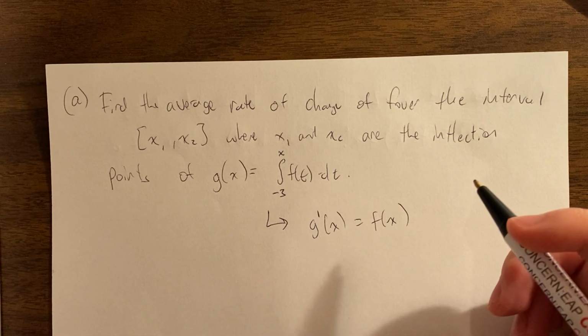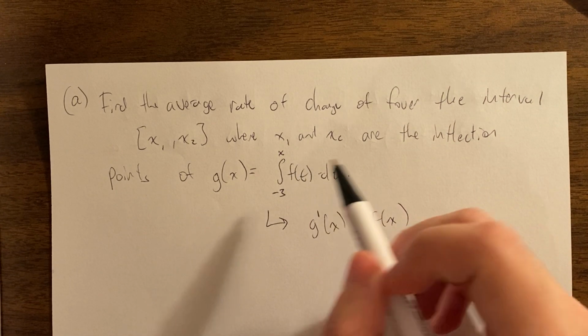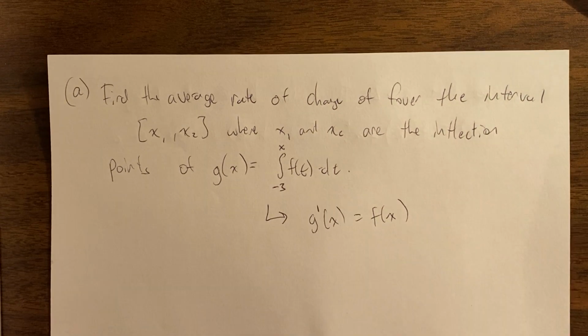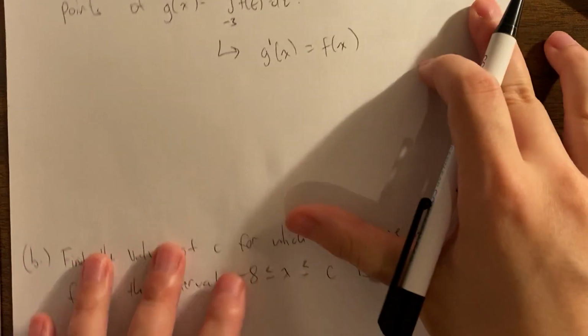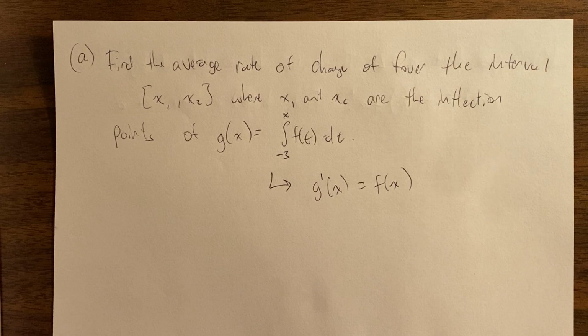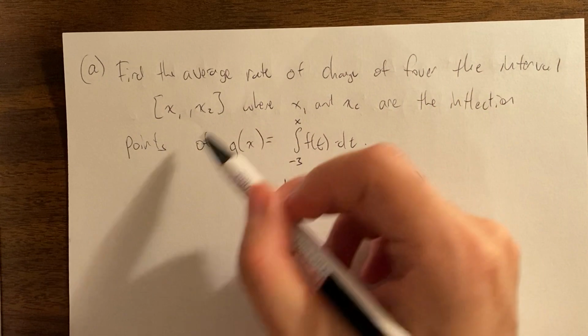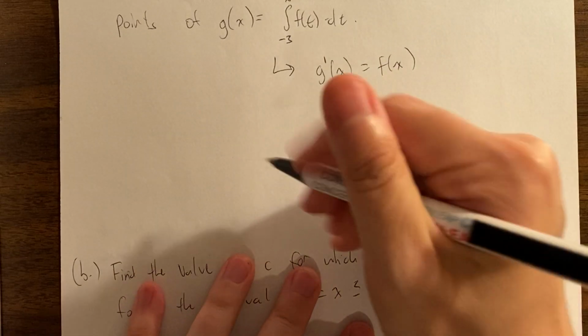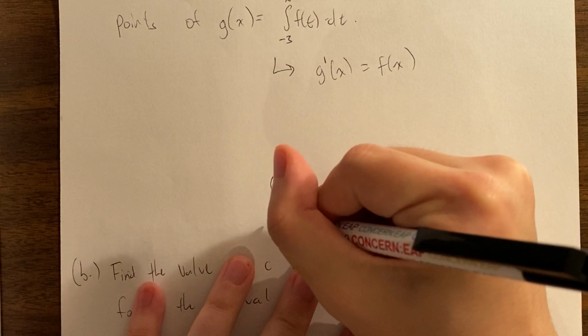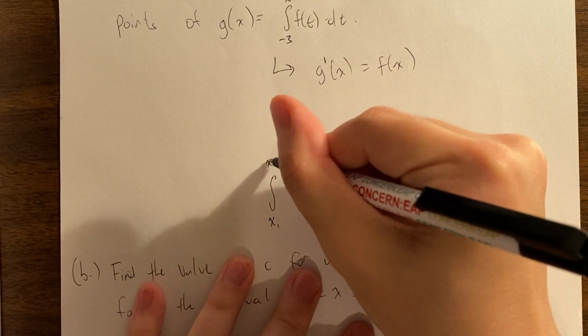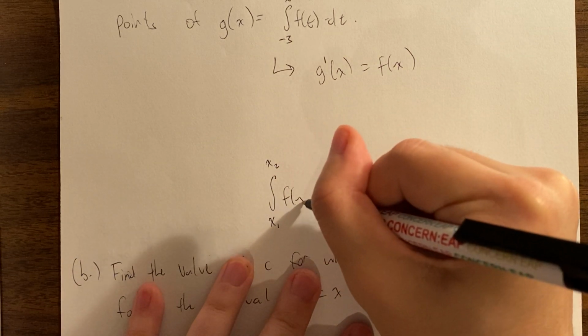So let's do this. First off, we're going to find the average rate of change of f. Remember the average rate formula. The average rate of change is going to be the slope of f over this interval right here. So let me write out the formula. In this case, it's going to be the integral from x1 to x2 of f prime of x dx.